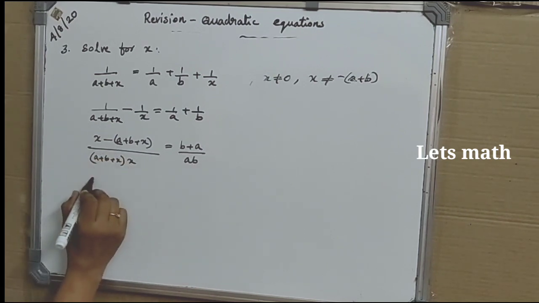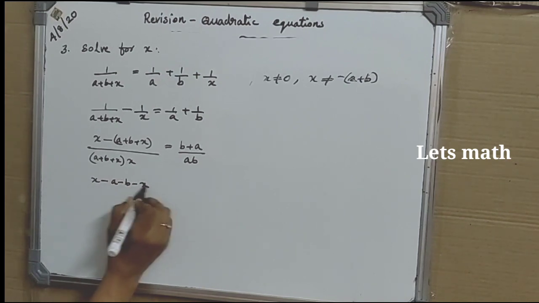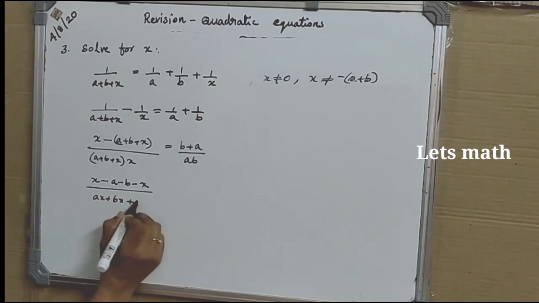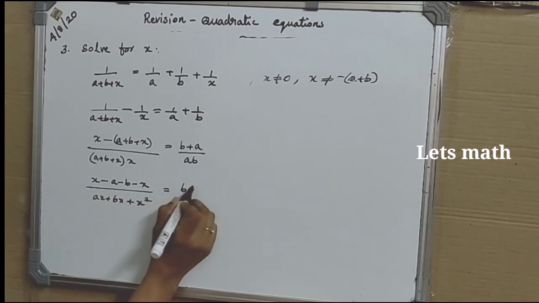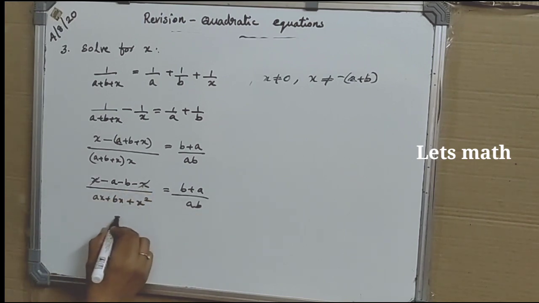Now let us remove the bracket. X minus a minus b minus x divided by ax plus bx plus x square equal to b plus a by ab.